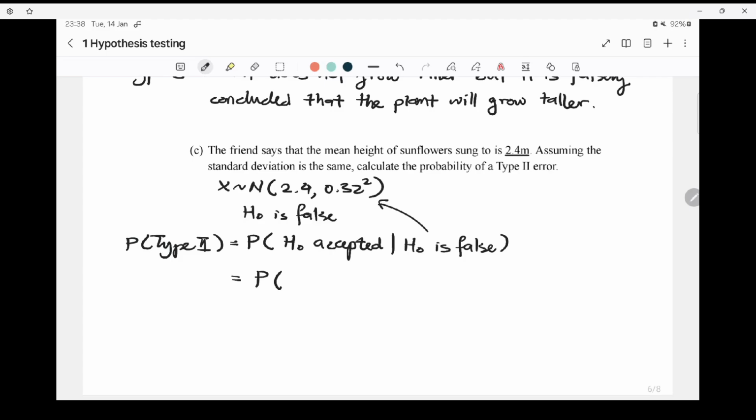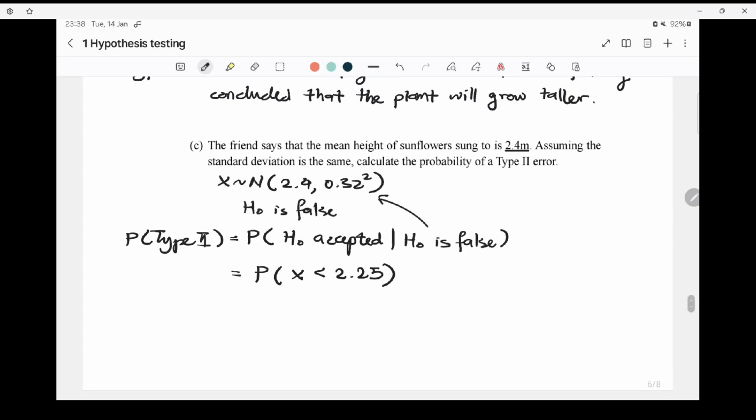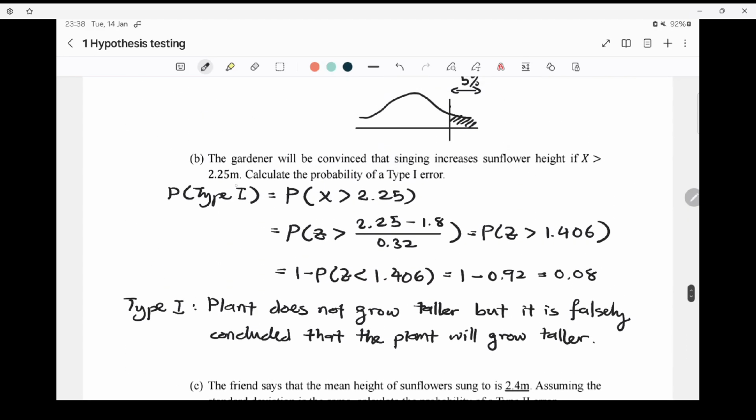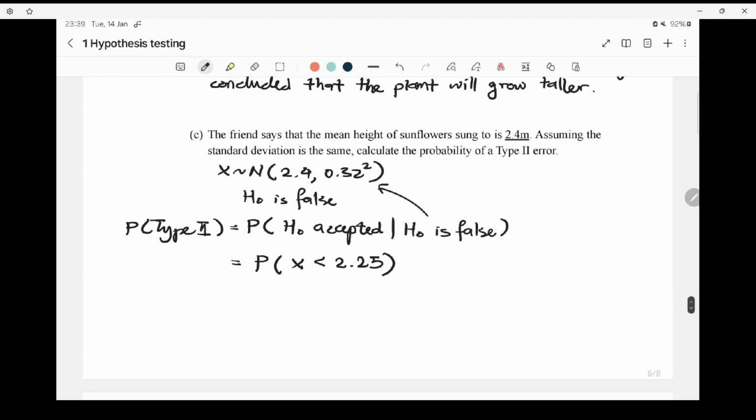This means that your x has to be smaller than 2.25. Why 2.25? Because when the height is greater than 2.25, you have evidence that singing does make your sunflower grow taller. You want your H0 to be accepted, meaning you don't want it to grow taller. That's why you need it to be smaller than 2.25.